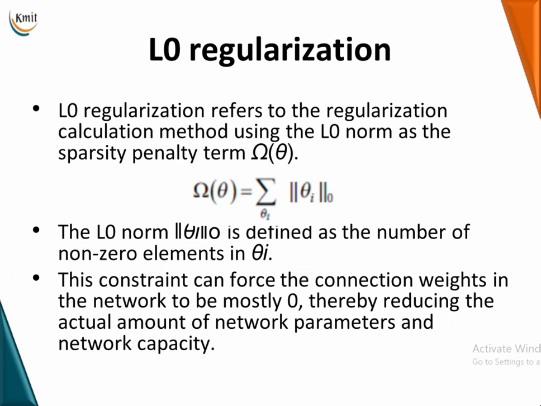Now this constraint can force the connection weights in the network to be mostly zero, thereby reducing the amount of network parameters and network capacity. So you're trying to constrain your network, right? That can be done by forcing your connection weights to be mostly zero.